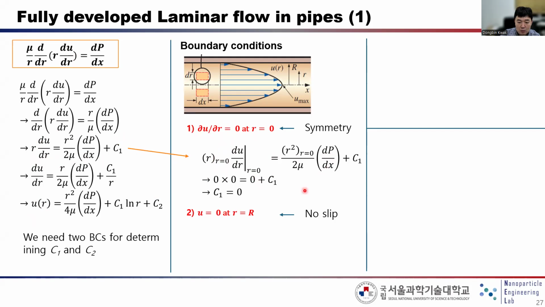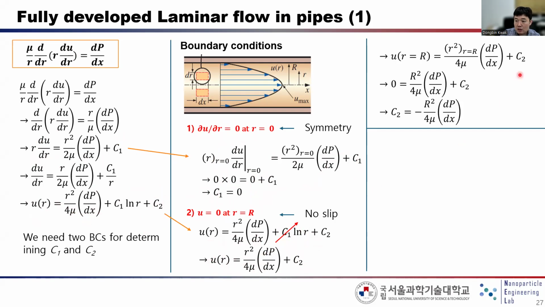If you plug in all the values, you determine C1 equals zero. To determine C2, since the C1 part is zero, we can simplify this equation like this.